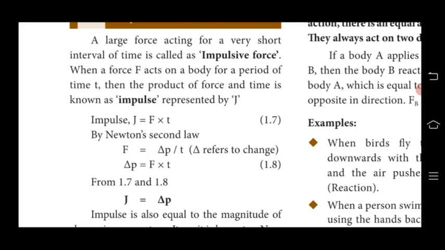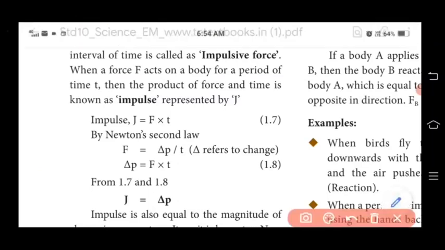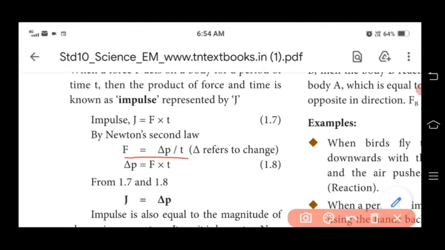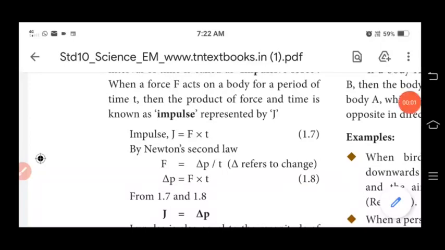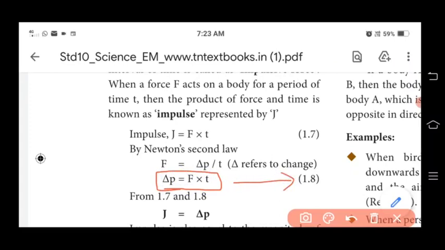So by Newton's second law, F equals delta P divided by t, which can be rearranged as delta P equals F into t. This is equation 1.8.